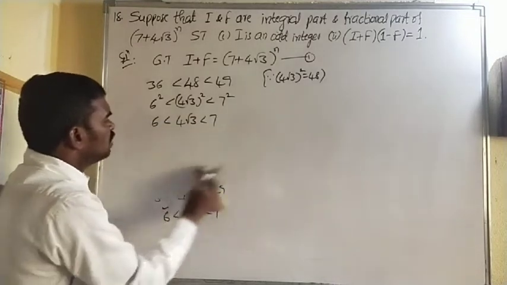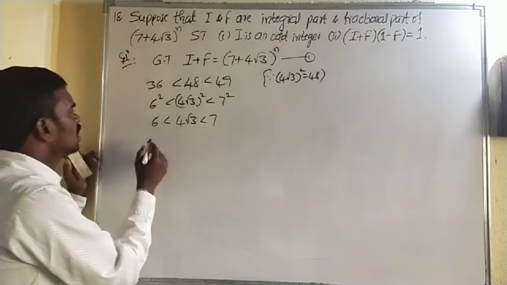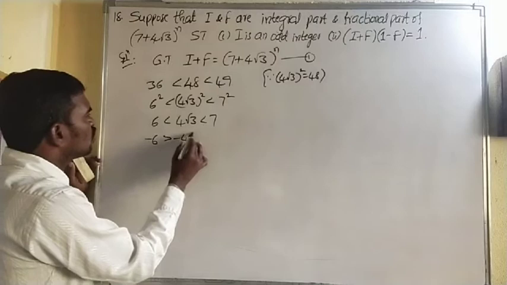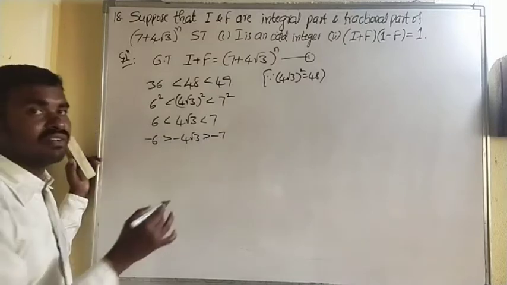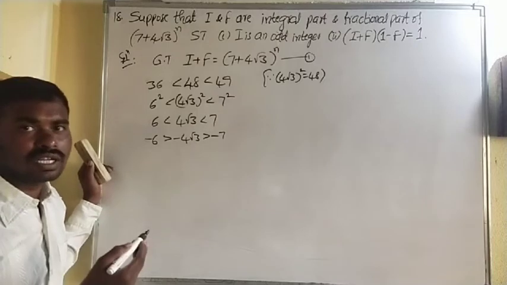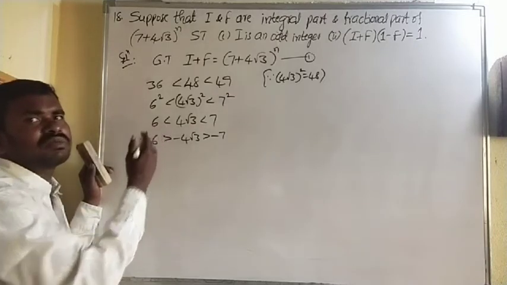So if you multiply with minus, then minus 6 is greater than minus 4 root 3 greater than minus 7. Whenever the inequality is multiplied by minus, less than becomes greater than and greater than becomes less than. Here less than is there, so it becomes greater than.